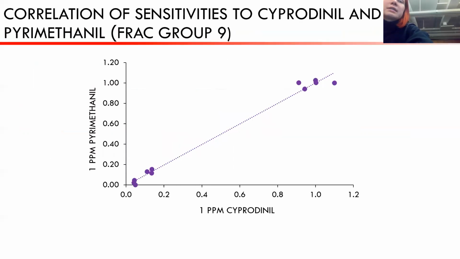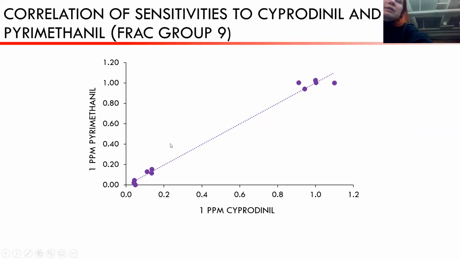Here is an example to show you what I'm talking about. This is our data on the correlation of sensitivities to two fungicides from FRAC group 9, cyprodinil and pyrimethanil. Both of them belong to FRAC group 9. We screened Botrytis strains for cyprodinil resistance, and then screened the same strains for pyrimethanil resistance.